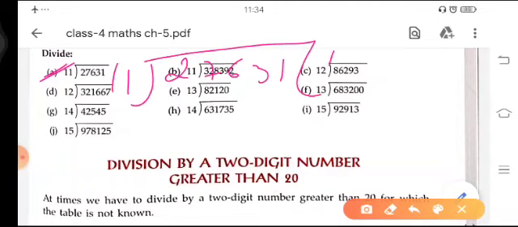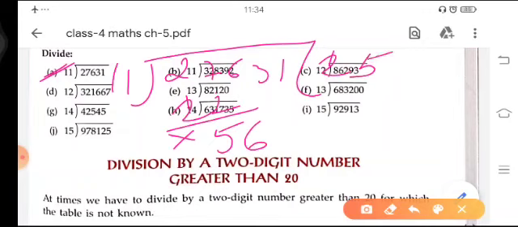11 ones are 11, 11 twos are 22. Now we get 56. 11 fives are 55. We are getting a remainder 1.